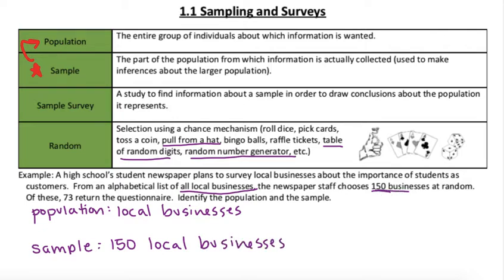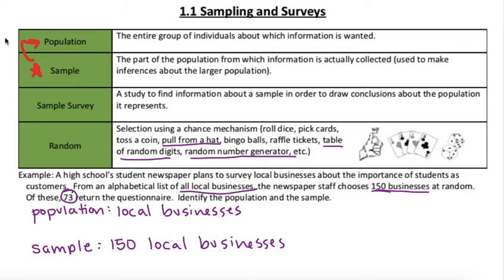Even though we chose 150, this is our sample. Only 73 returned the questionnaire, so of our 150, some chose not to participate. We need to do more to get their information back, or maybe ask even more people to get our numbers up, depending on our goal.